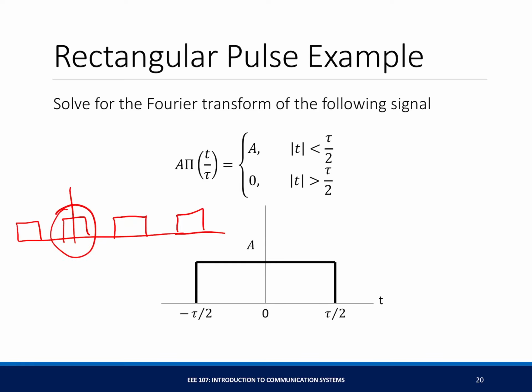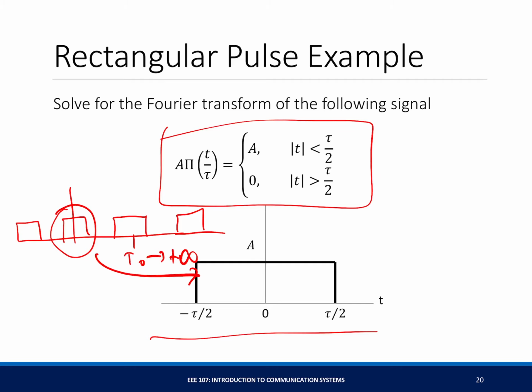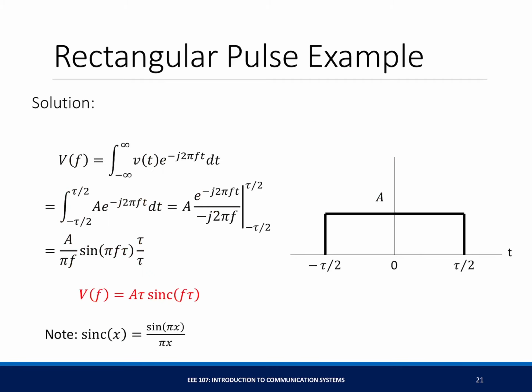And that rectangular pulse train, if you take one pulse and isolate it and make this T0 approach infinity, then you get your rectangular pulse function right here, which is defined by this. Okay, and to get its Fourier transform, just use the analysis equation.